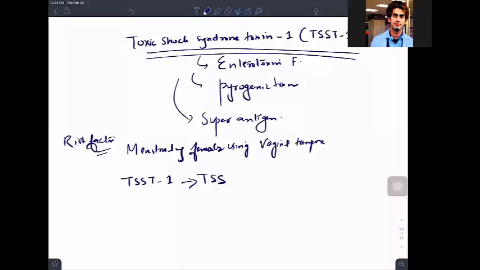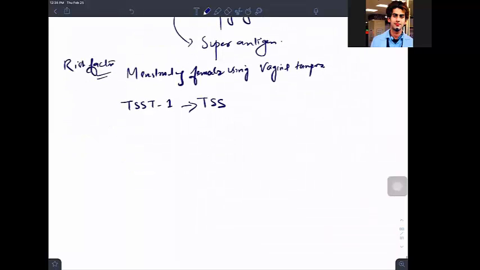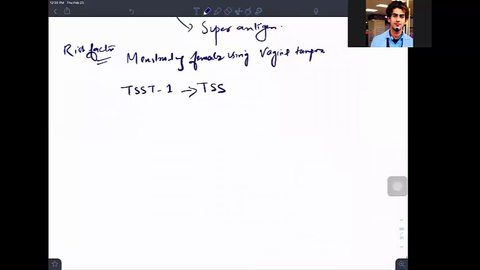Some books classify this TSS into menstrual TSS and non-menstrual TSS, so let me write that also, as some people may have confusion. Menstrual TSS is for females, because they are menstruating.